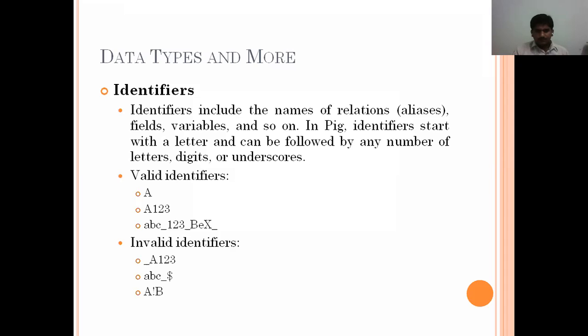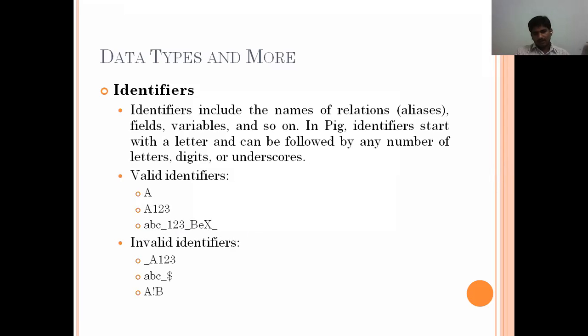So, for example, what are the valid identifiers? We can start with a capital A, so this is a valid identifier. A123 is valid. A small abc_123_bx, we can do like this also. But remember, in other languages we can start an identifier with an underscore. Here we do not consider an underscore as a valid start, so it is omitted here. _A123 is also invalid.